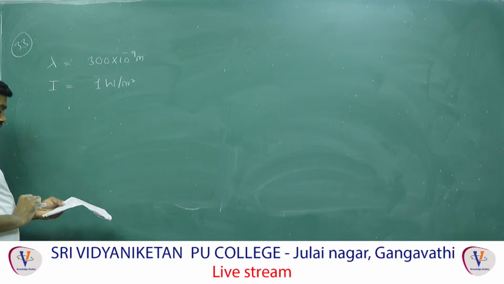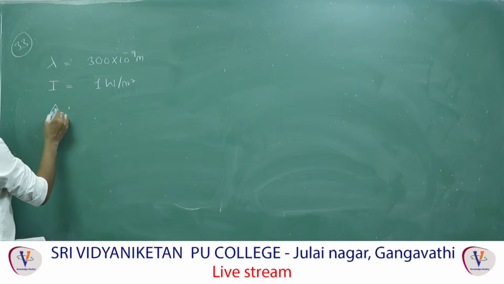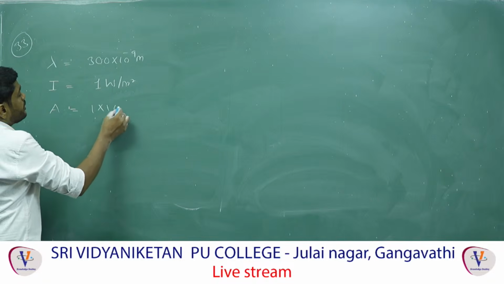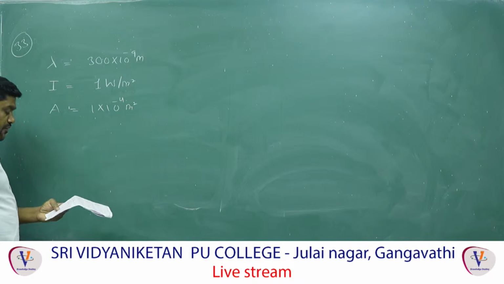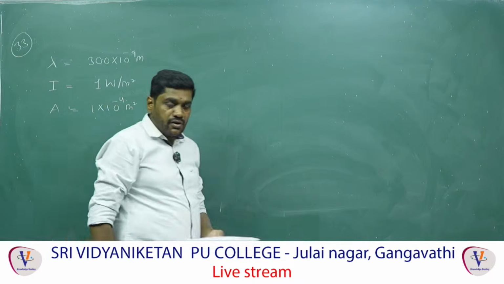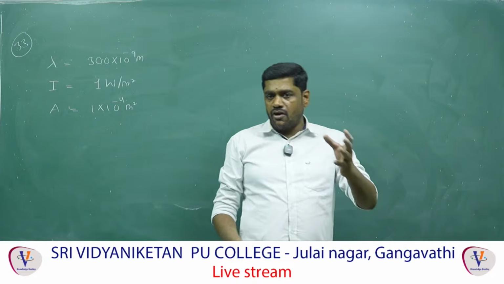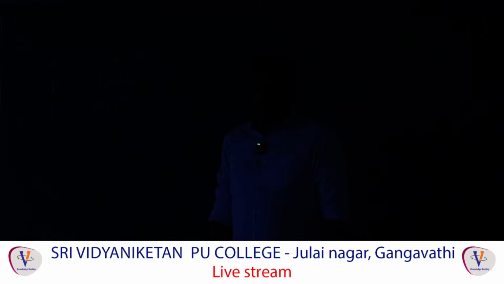If 1% of the incident photons produce photoelectrons, then the number of photoelectrons emitted from an area A equal to 1 centimeter square, that is 10 power minus 4 meter square. They are asking for the number of electrons emitted. First of all, we have to find out how many photons are incident.